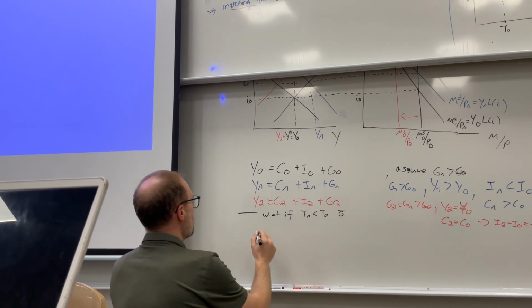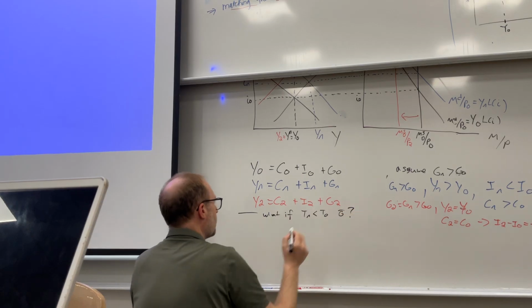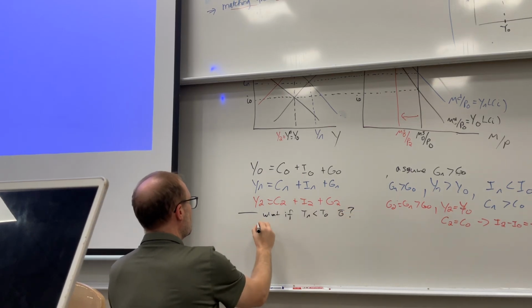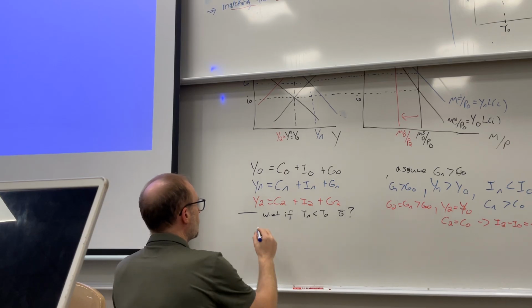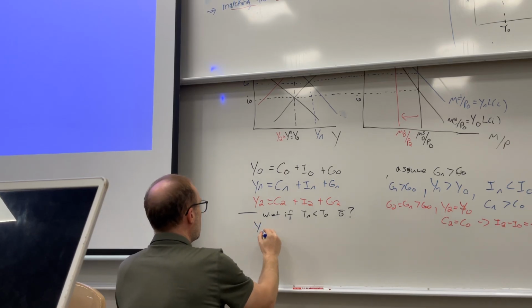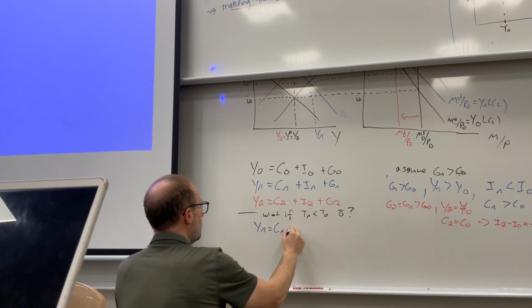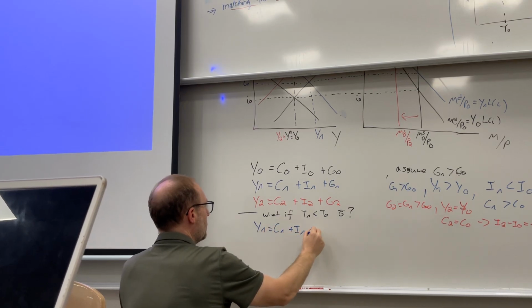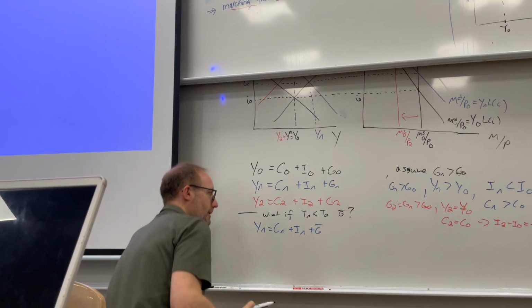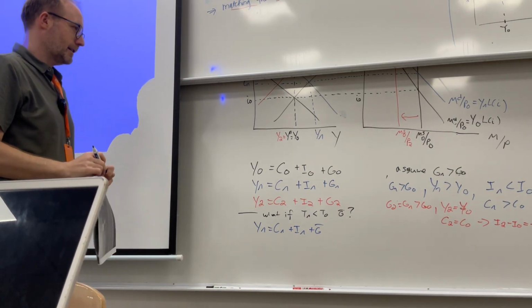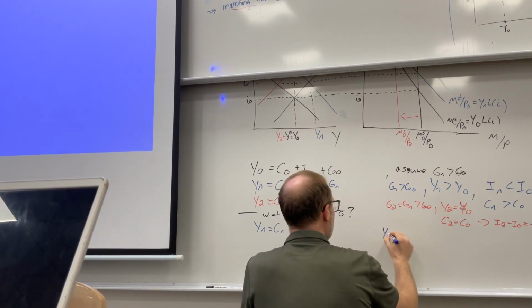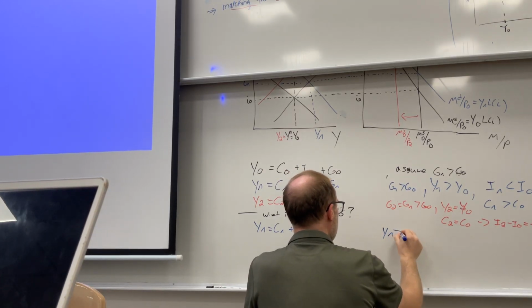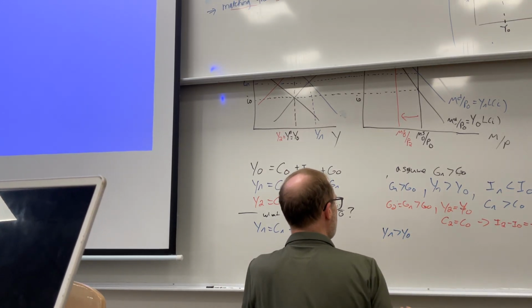Then Y1 is equal to C1 plus I1 plus G constant. Y1 is greater than Y0.